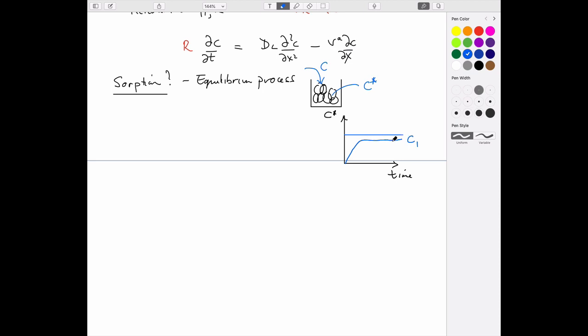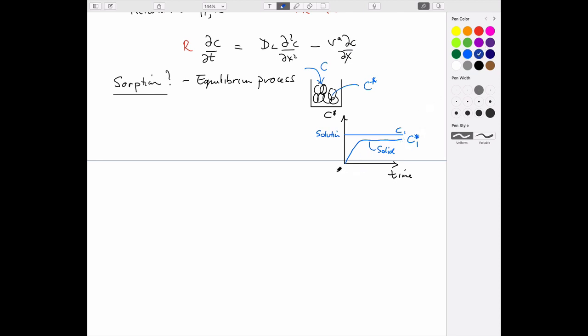And because it gets sorbed onto the solid, it would end up being less than that, because some of it is removed from solution. So this would be the solution, and this would be the solid. And so this would really be C1, but this would be C1 star on the solid.